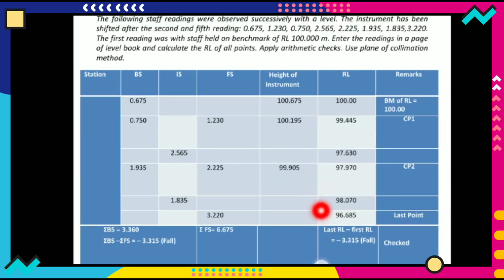Last RL is 96.685 minus 100. The answer is minus 3.315. And the summation of backsight 3.360 minus the summation of foresight 6.675 is equal to minus 3.315. So if these two are the same, then your answer is right, otherwise your answer is wrong.